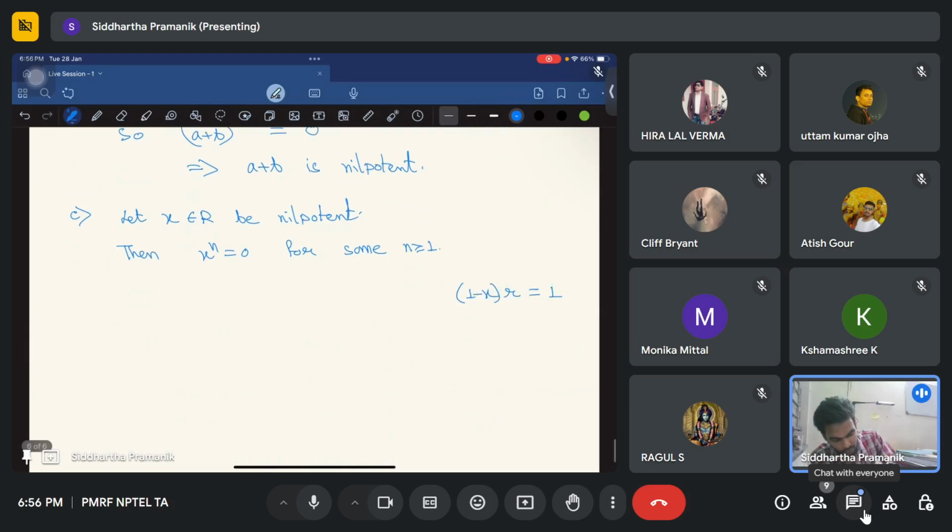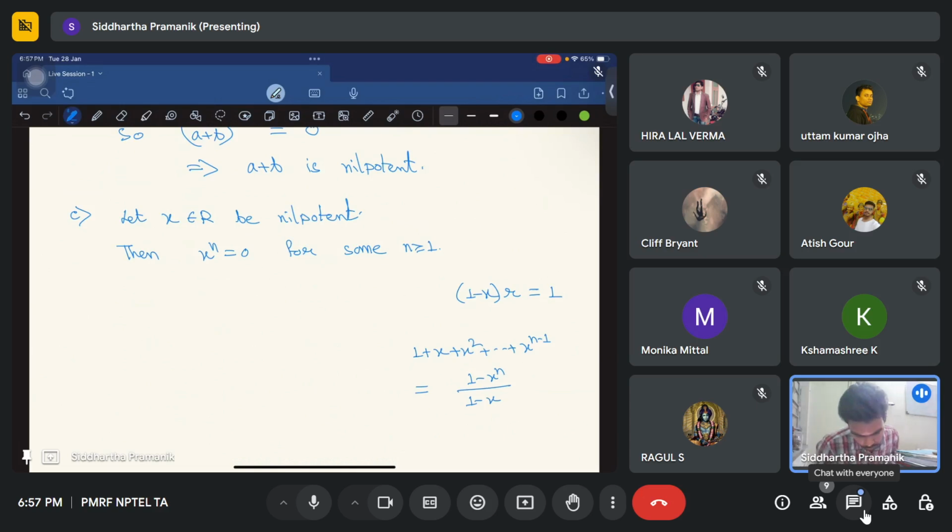Now you recall that if we take the sum 1 plus x plus x square up to x power n minus 1, what is this sum? This is basically 1 minus x power n divided by 1 minus x.